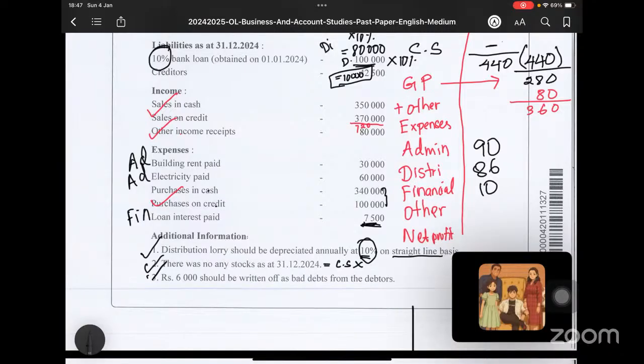Is it 186,000? Miss, can you tell the amount again? Okay, so administration 90,000, how did it come? Building rent and electricity paid. Distribution 80,000 for the depreciation and 6,000 for bad debts, here they have given.